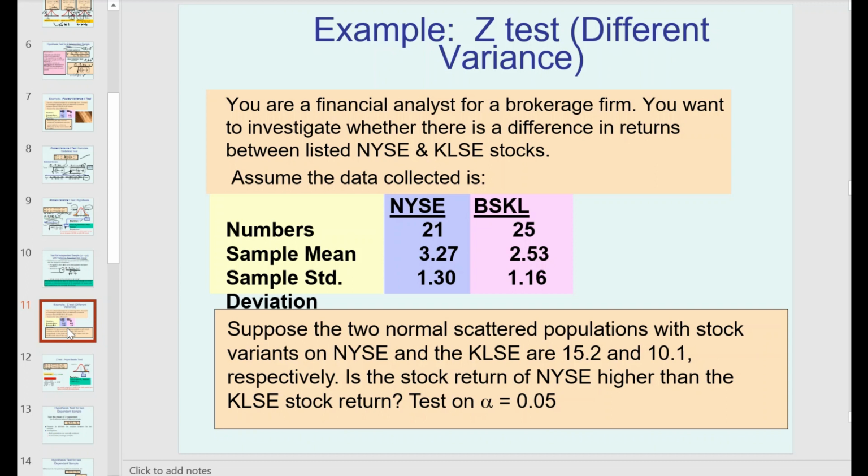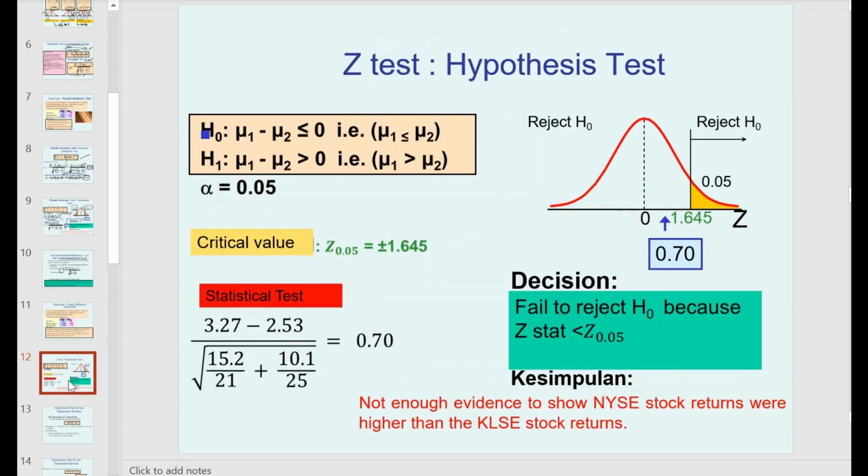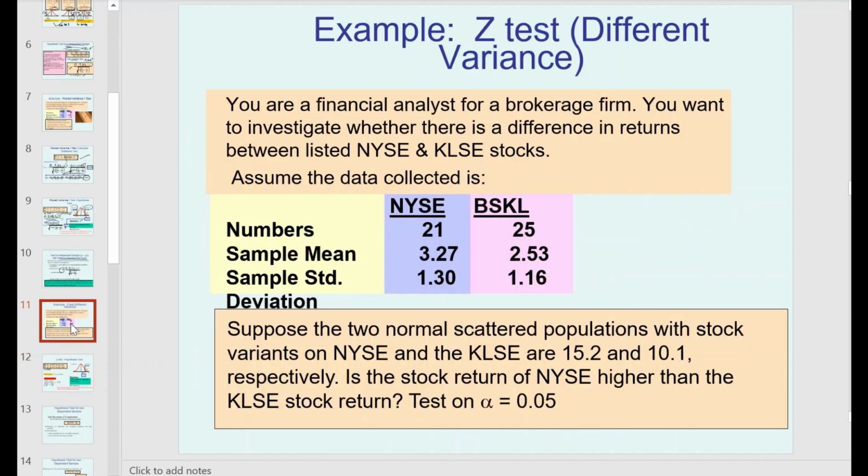So now we look at the sample for different variance. Basically this is the same example as just now, just with the assumption that they have different variance. Basically the question is just the same. So you see here the Z test for hypothesis test.